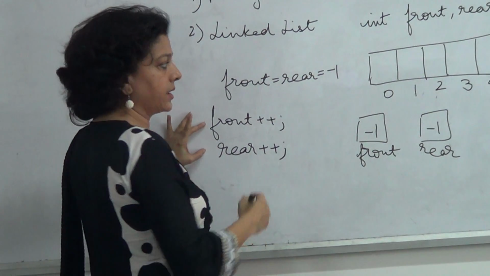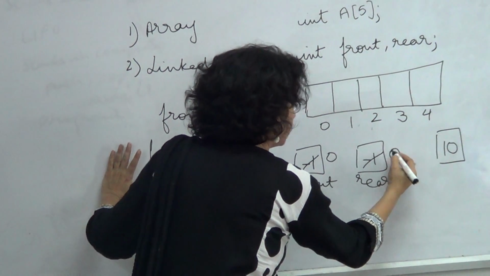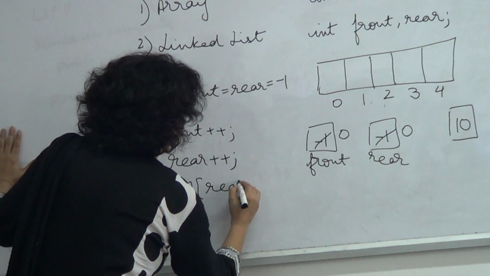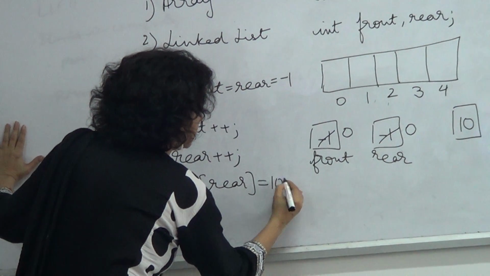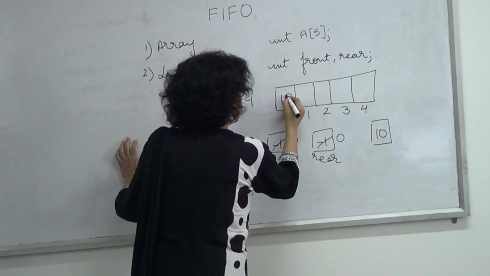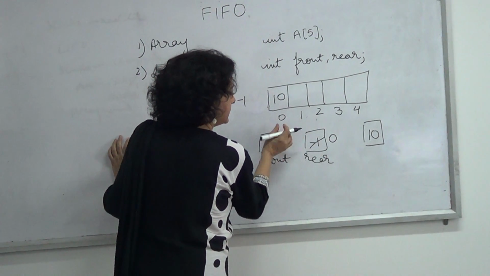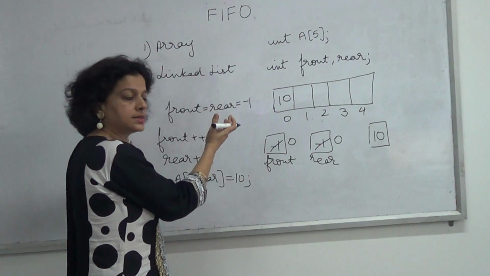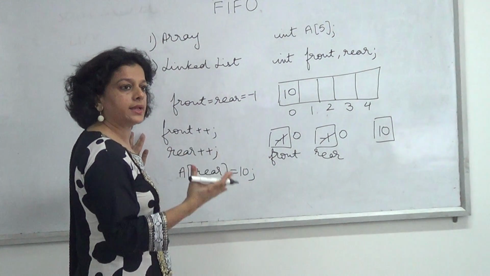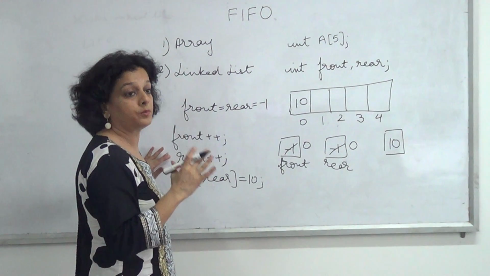When I do this step, the front will get value 0 and rear will also get value 0, and I will say a[rear] equal to 10. When I write this step, the value 10 will be added to the queue, and both my front and rear will contain the index number 0. Now to add the next element, I need to increment only my rear variable.